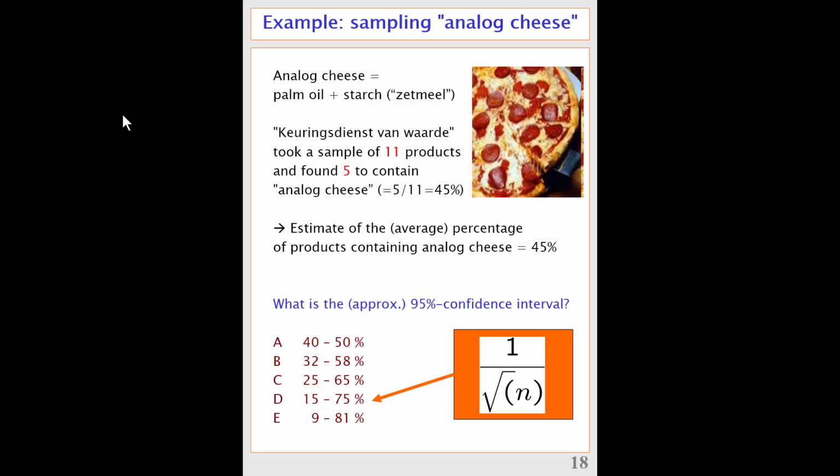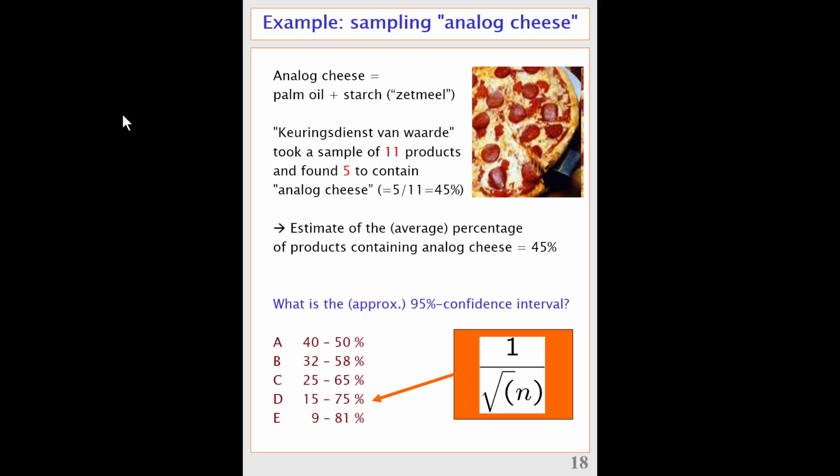Here, n is 11, so the square root of n is 3 and a bit, so this is about 1/3, 30%, and indeed 45 minus 30, 45 plus 30 is indeed that D answer.